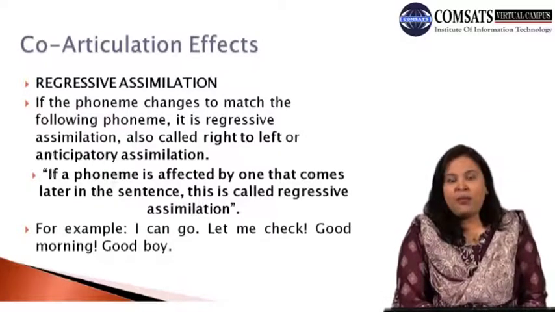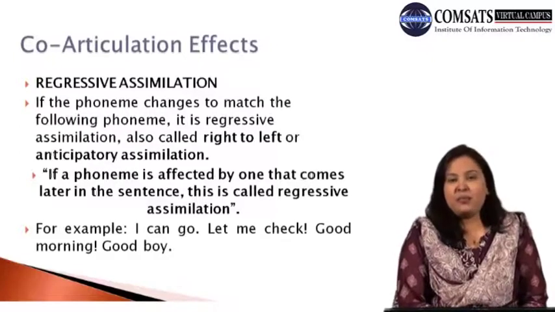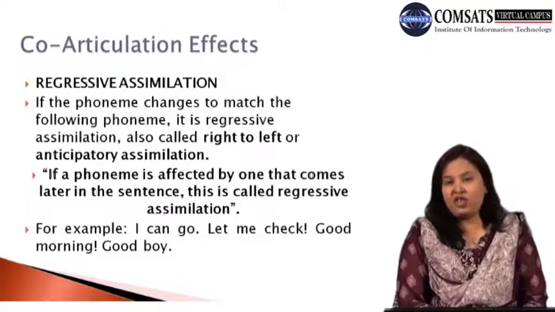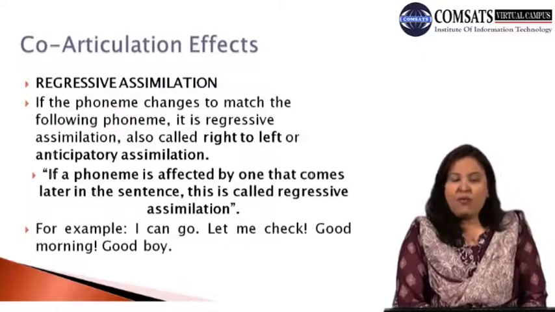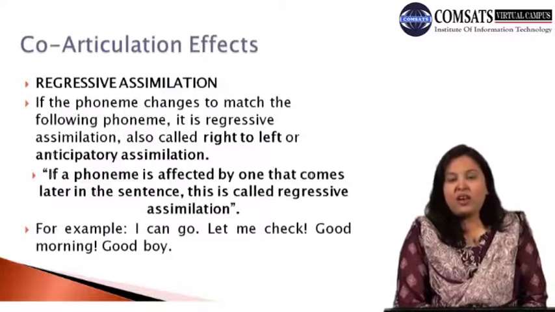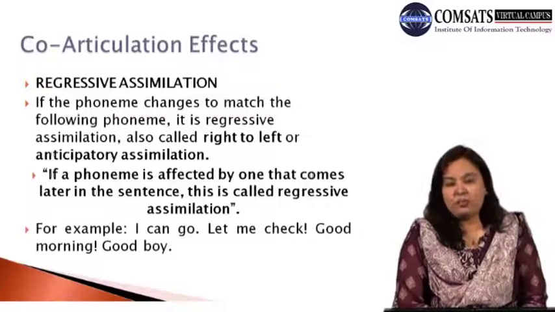Another and the last type of assimilation is reciprocal assimilation. As the name makes clear, not one phoneme is affecting the other, but both phonemes affect each other. Very occasionally it happens that two sounds which are adjacent may influence each other in a reciprocal way.